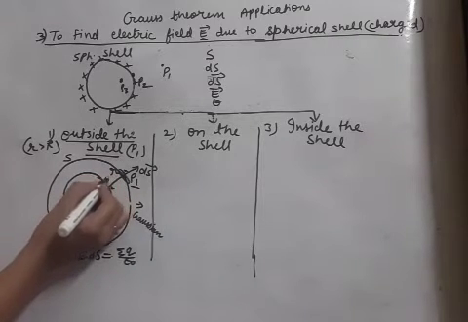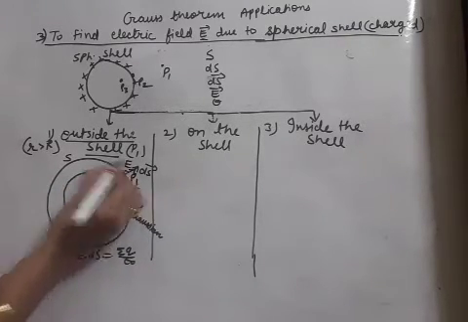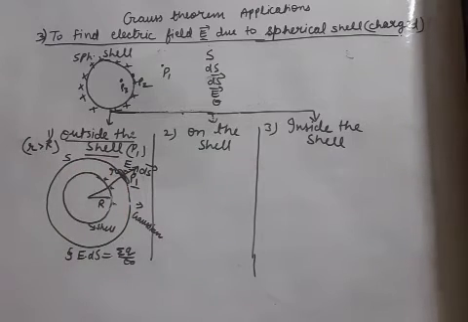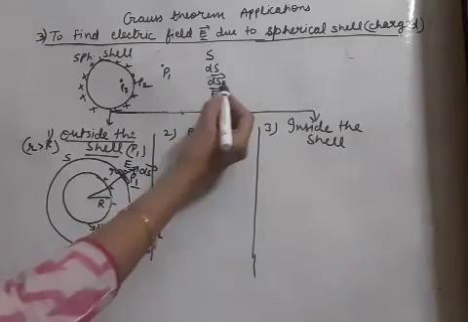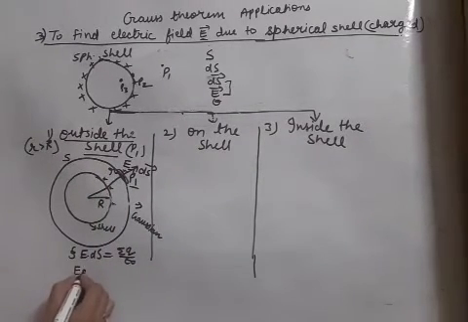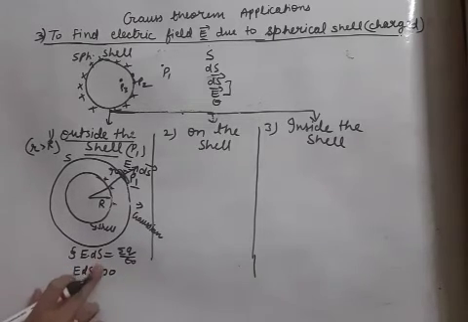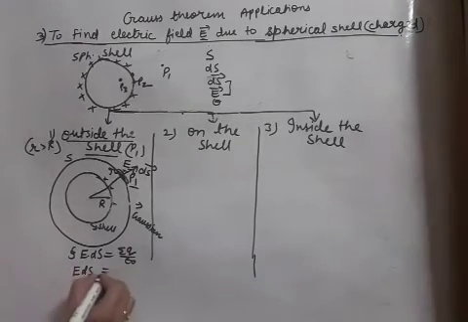Where this plus will go, due to this charged shell, it will be repelled. So electric field is also along the same line. So when electric field and ds are along the same line, the angle theta is 0. So here E ds cos 0 will appear, but cos 0 becomes 1, so we can remove it.